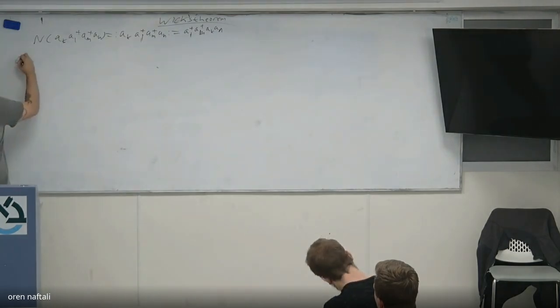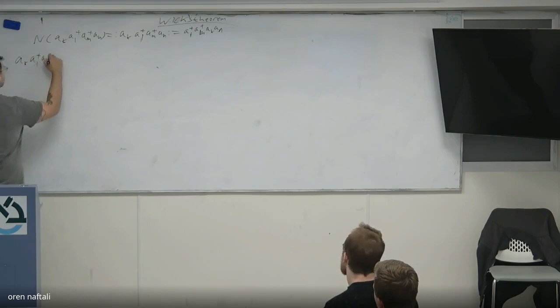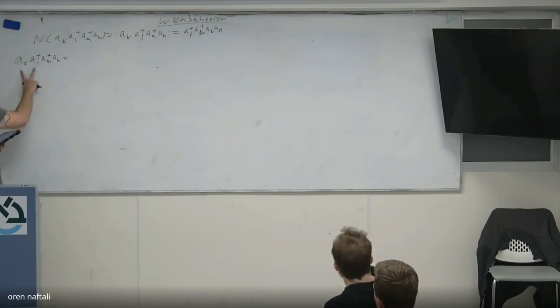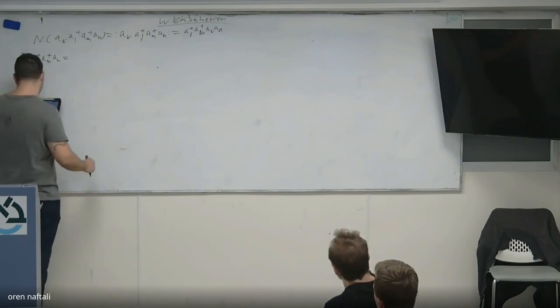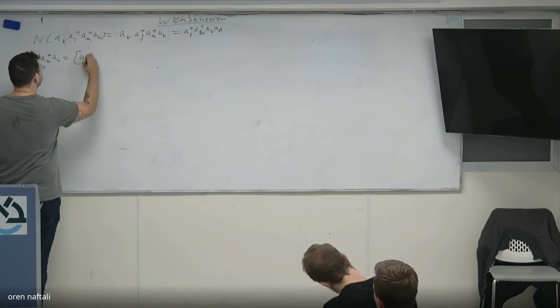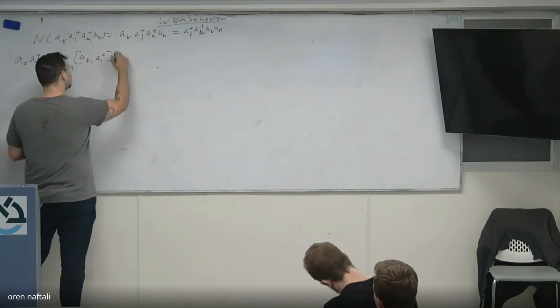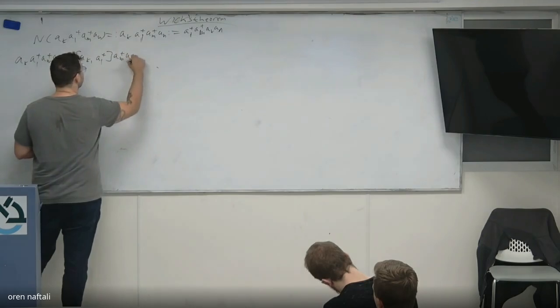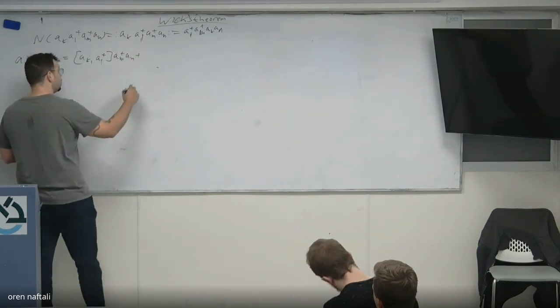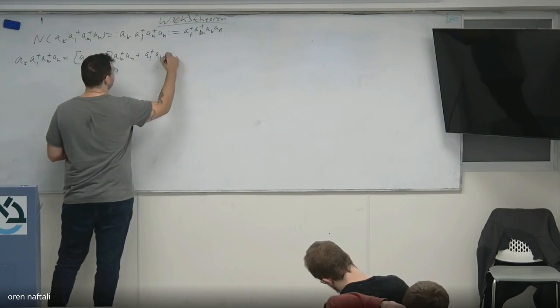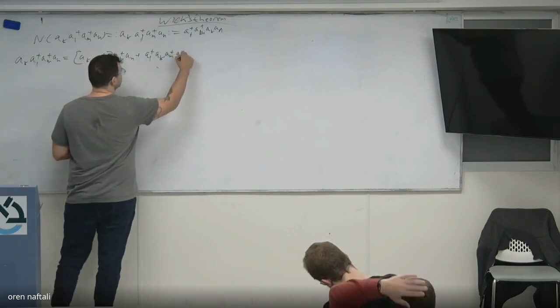So, a_k a_l dagger a_m dagger a_n equals, well, to organize them, I just need to use the commutator. Switch. Okay. a_l dagger a_k a_m dagger a_n plus the commutator term.